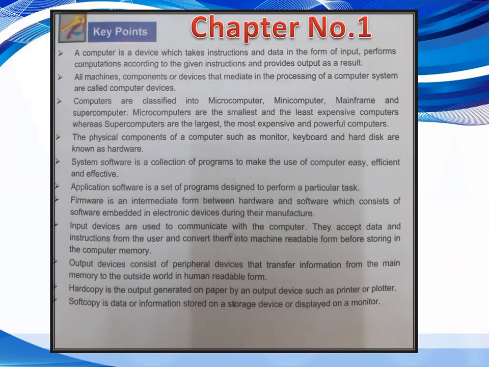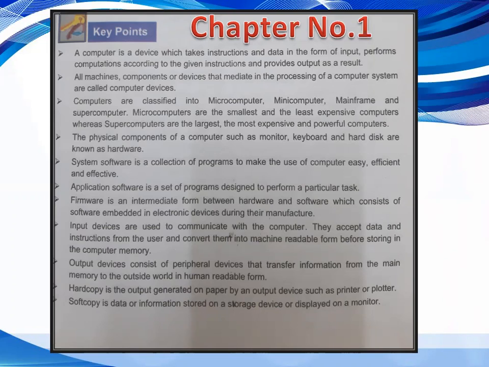Number two, all machines, components, or devices that mediate in the processing of computer system are called computer devices. Computers are classified into microcomputer, minicomputer, mainframe, and supercomputer. Microcomputers are the smallest and the least expensive computers, whereas supercomputers are the largest, the most expensive and powerful computers.